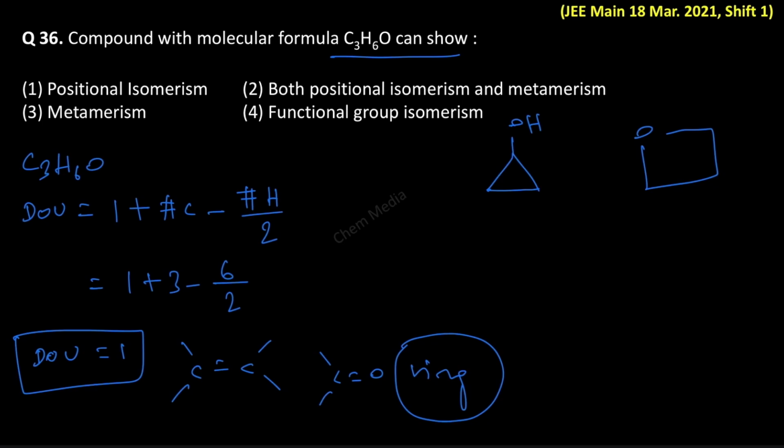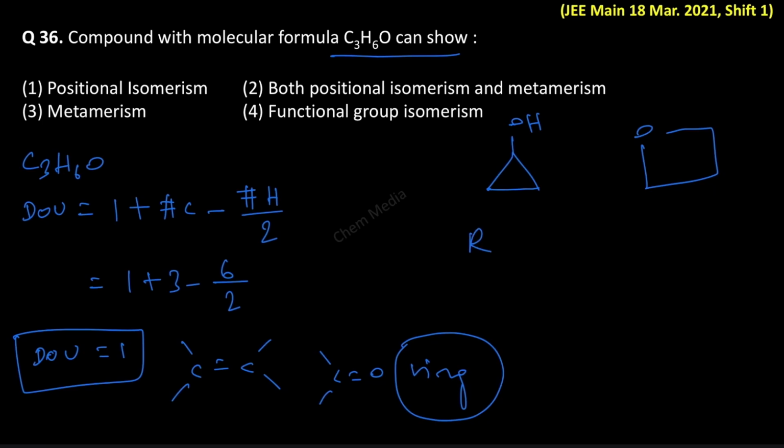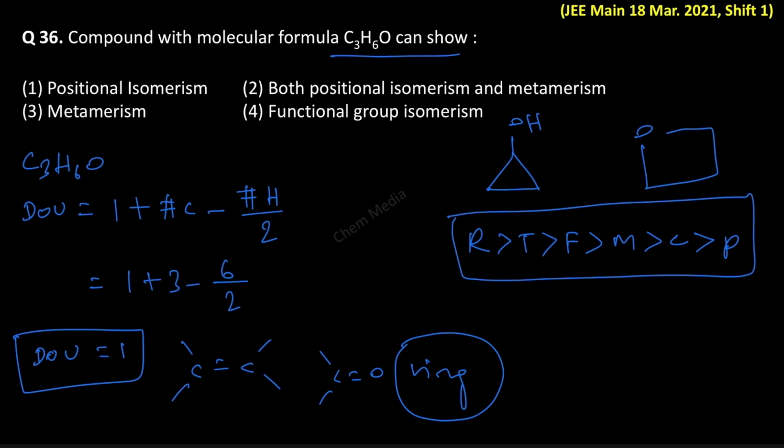Because there is a precedence order when we have multiple isomerisms. That is, ring chain isomerism is greater than tautomerism, which is greater than functional group isomerism, and functional group isomerism is greater than metamerism. Metamerism is greater than chain isomerism, and chain isomerism is greater than positional isomerism. This is the order that we should follow. So, ring chain isomerism is indeed possible here, but that is not given in the choices.